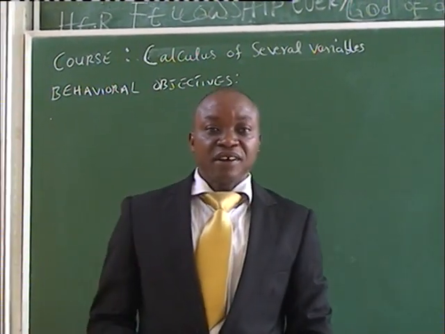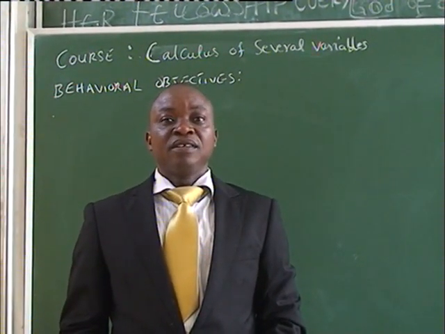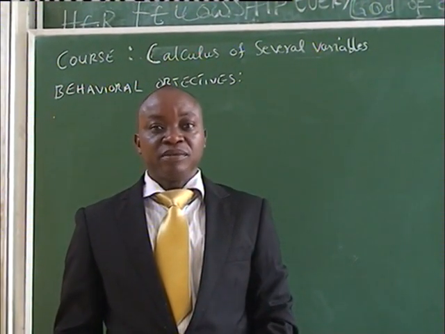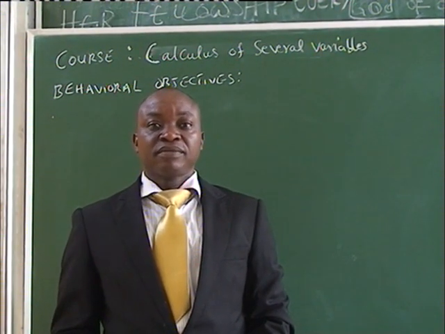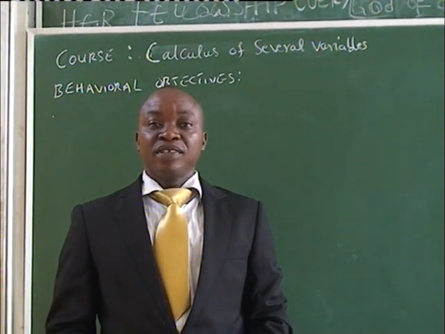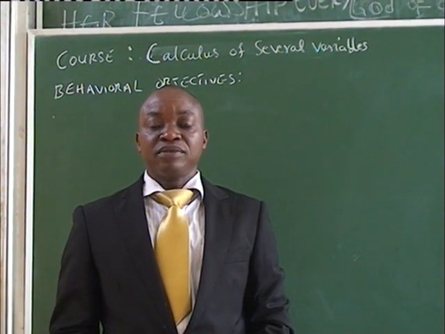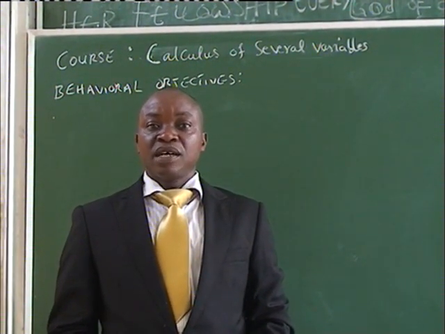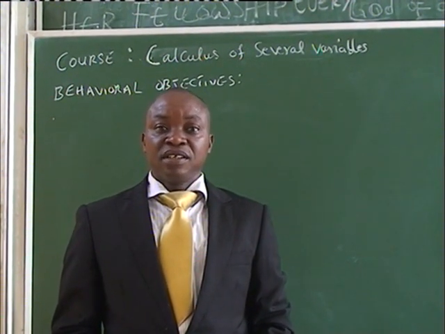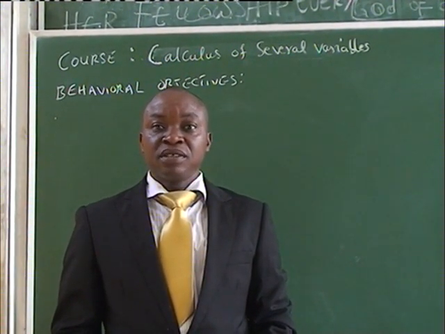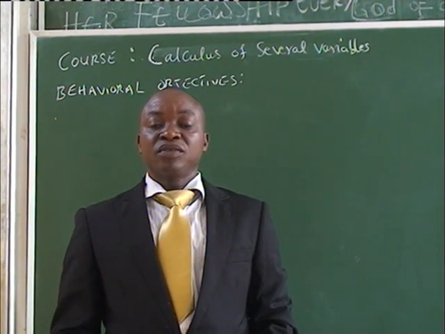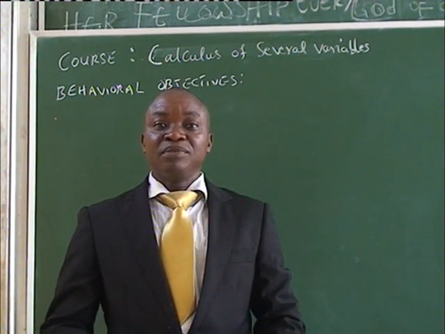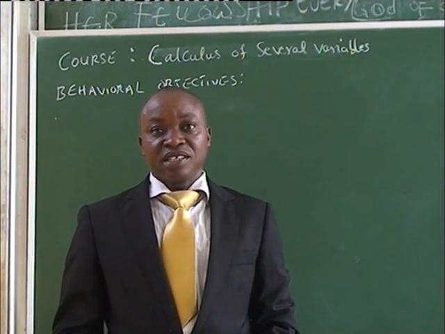At the end of this teaching, the students should be able to evaluate functions of several variables, evaluate implicit functions of several variables, and evaluate the Jacobian of functions of several variables. The students should also be able to perform integration of functions of several variables and a lot more that we are going to learn. These are the objectives.